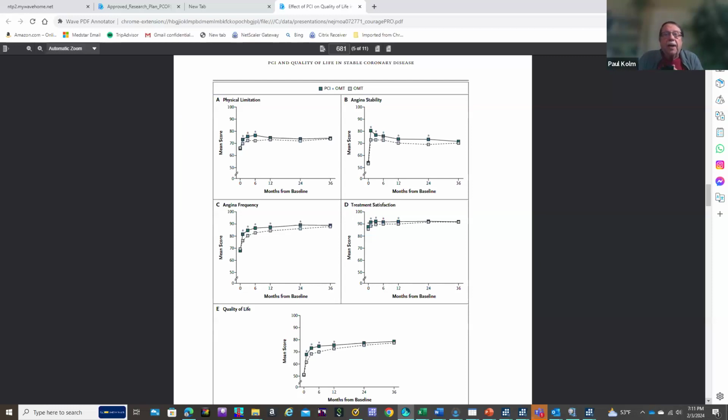So not in every case, but then the two groups were essentially the same. So this is a typical pattern that you see in doing responses to patient questionnaires or patient-generated responses.